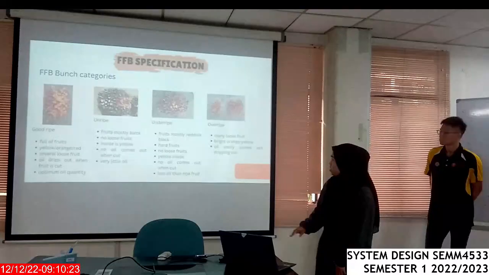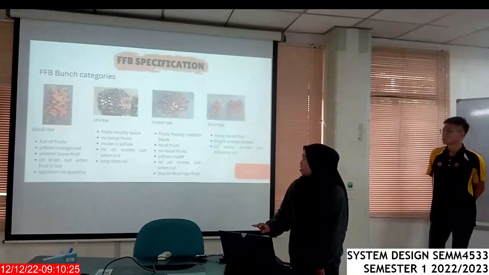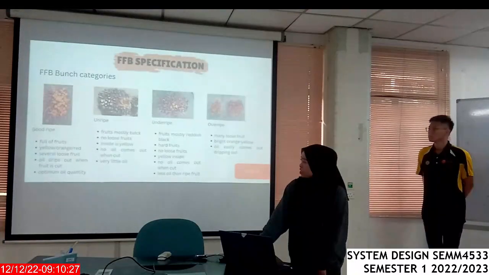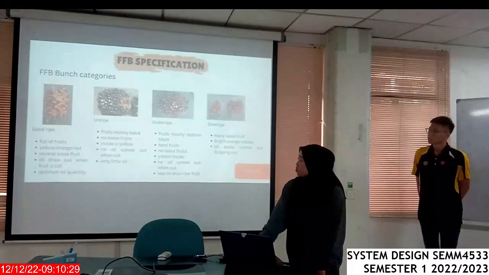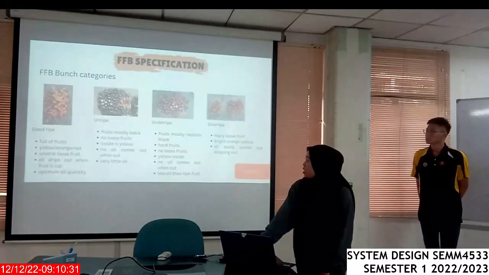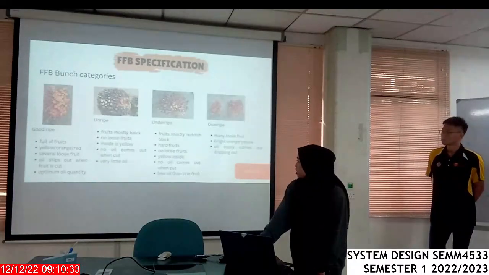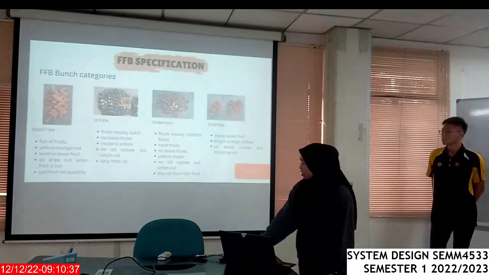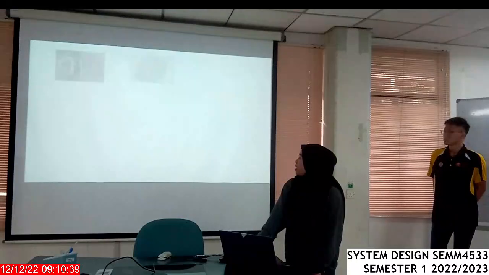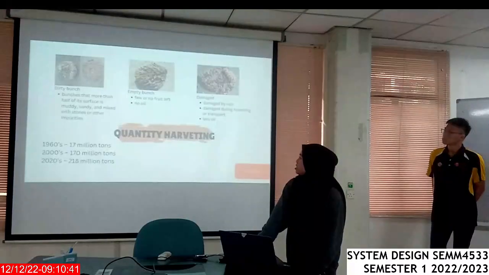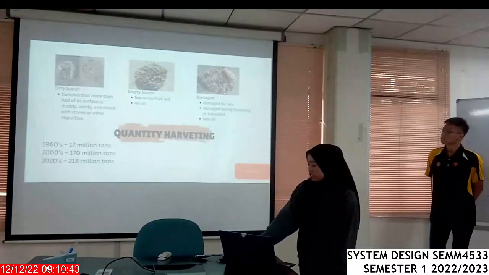There are 7 FFB categories: good, ripe, underripe, overripe, empty, and damaged.